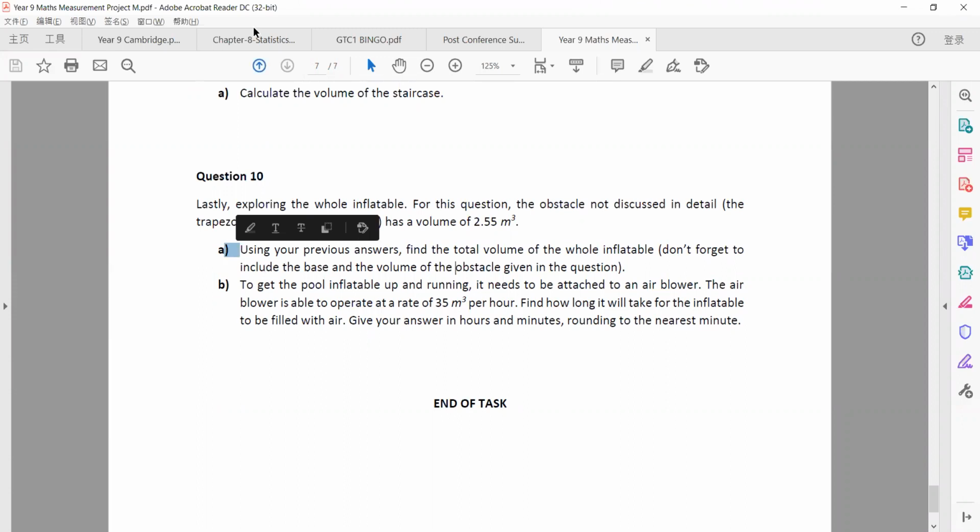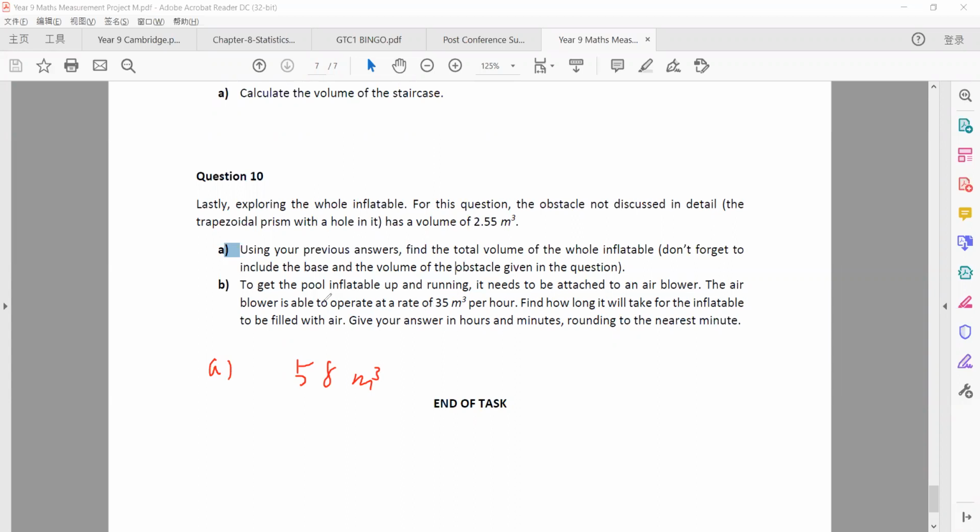So for example, the total volume of part A would be 58 meter cube. For example, that's not the real answer, I just give you an example. And for question B, it asks you to inflate up and running.